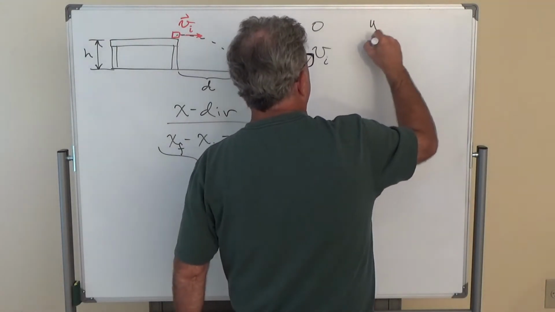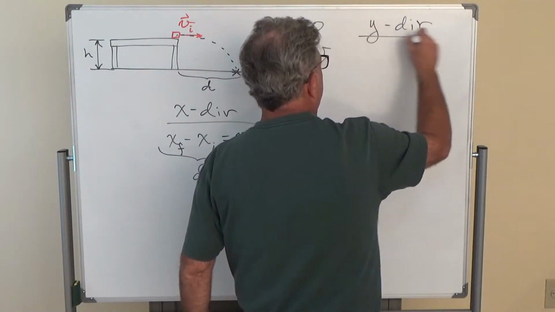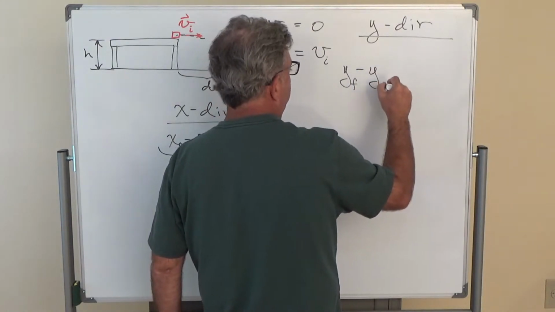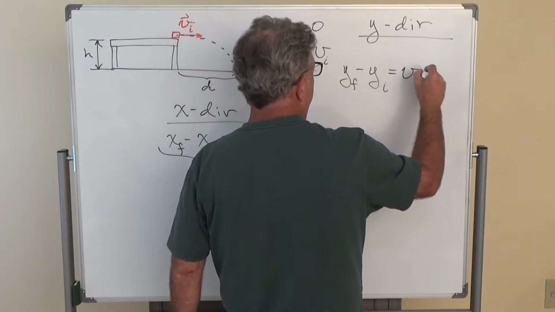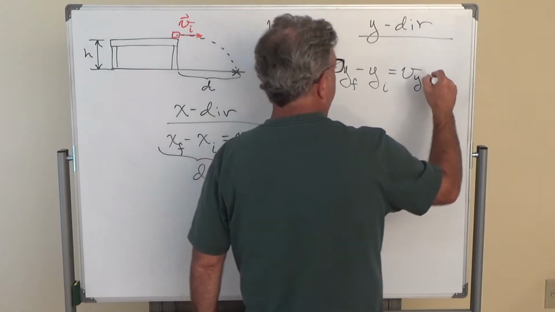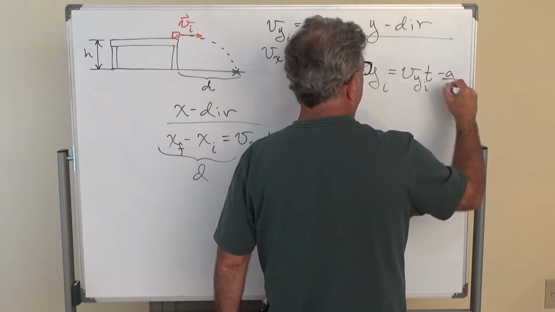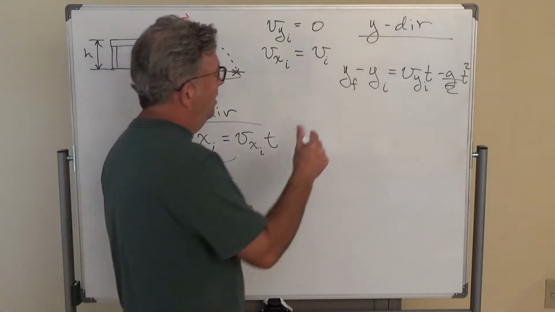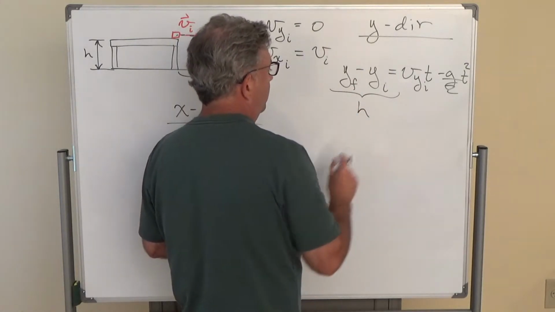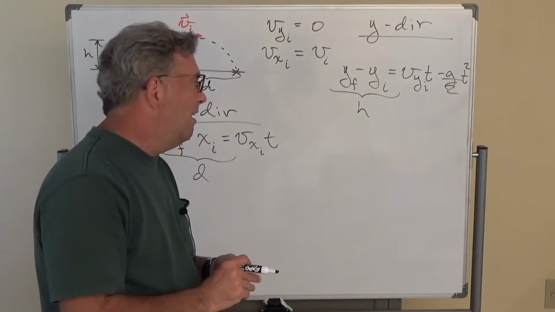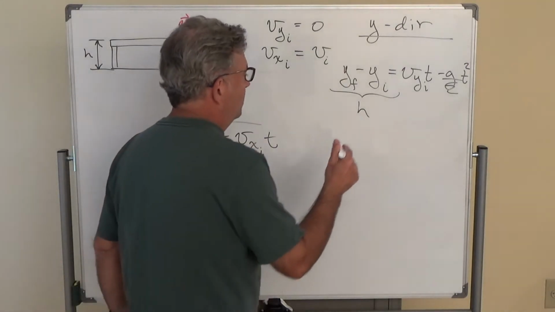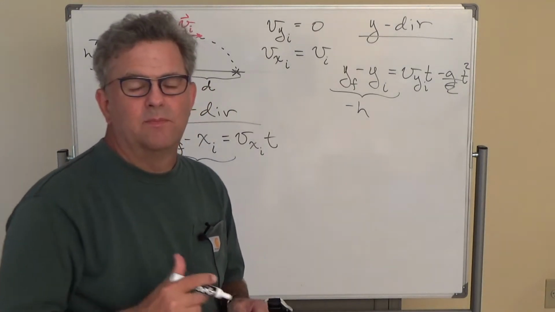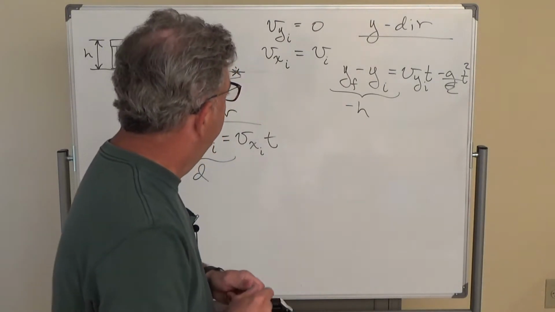So in the y direction, you have y final minus y initial is equal to Vy initial t minus g over 2 t squared. Y final is 0.